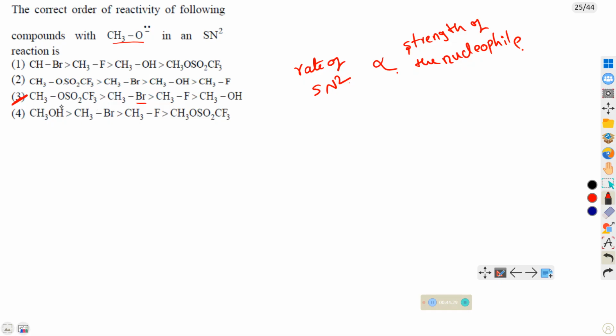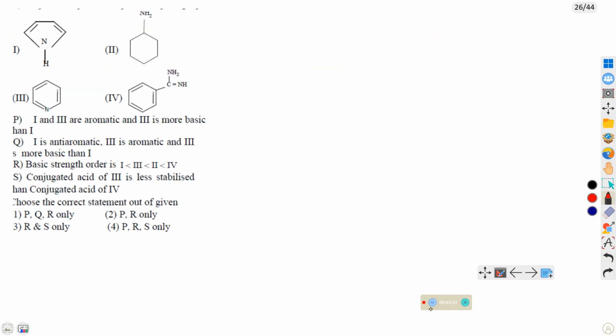SO2. Name is triflate. Hydroxide. Given four structures, 1 and 3 are aromatic and 3 is more basic than 1.